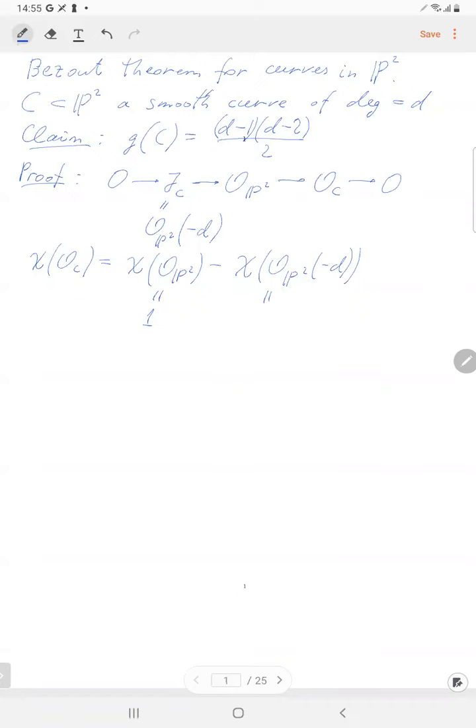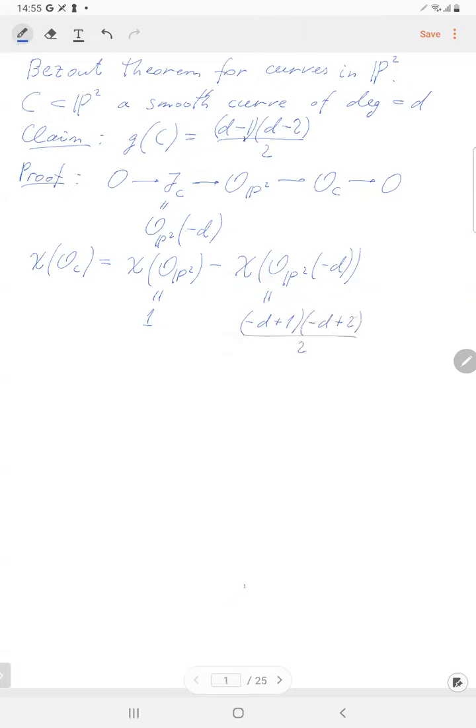Also, you know the formula for the dimension of homogeneous degree d polynomials in 3 homogeneous variables. So the answer will be (negative d plus 1) times (negative d plus 2) over 2.